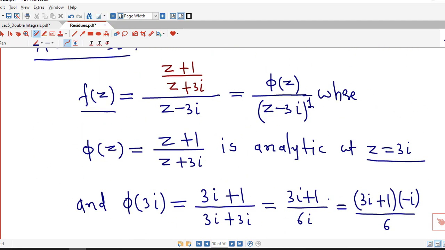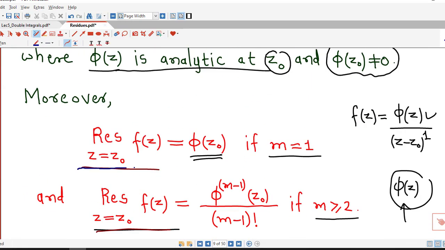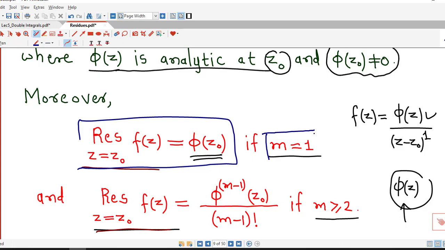So we are using the first formula, that the residue of f of z at z equal to z0 is given by the value of function phi at z0 if m equal to 1.